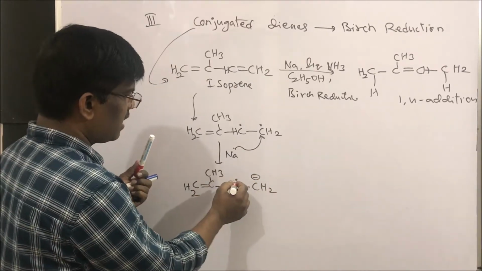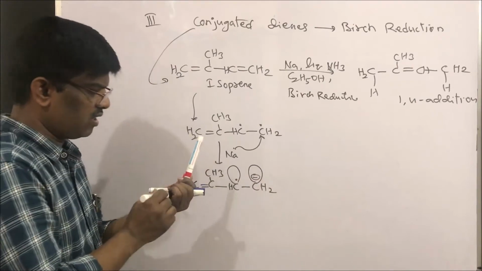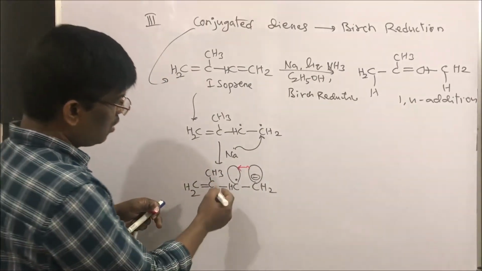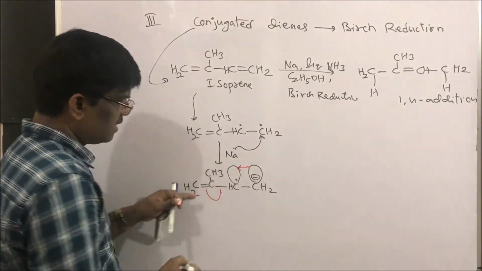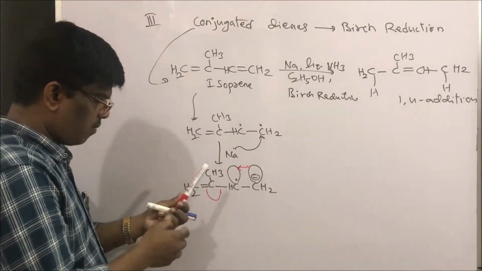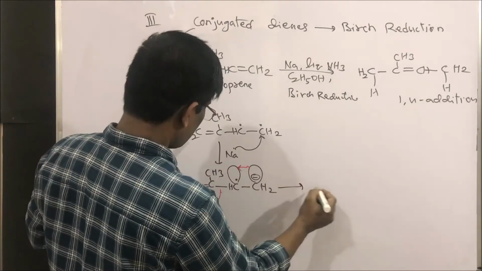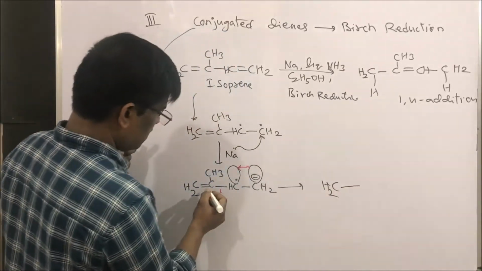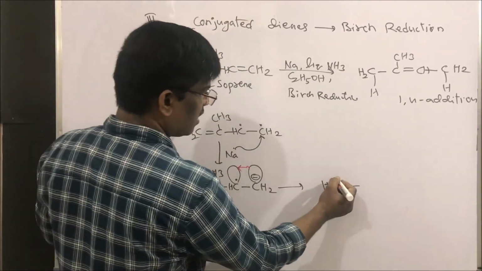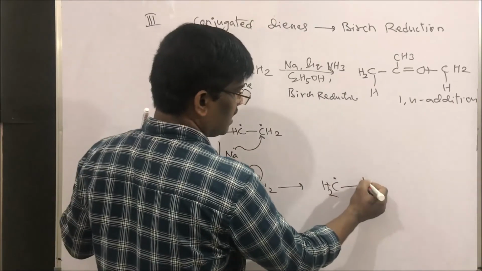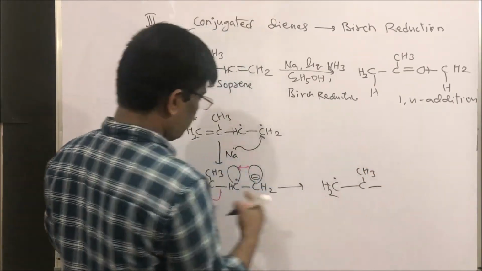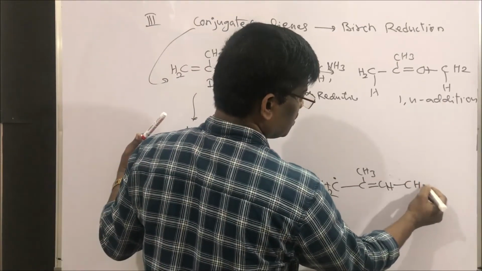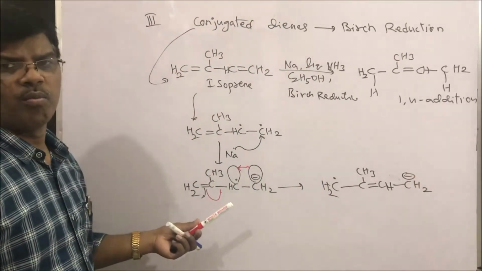Since this anion and radical are adjacent, there will be a repulsion between them. So this can further rearrange: this double bond comes here to give a more stable anion. Here I am going to get the radical and CH3 will be here. Then CH2 anion. This is the compound I am going to get.